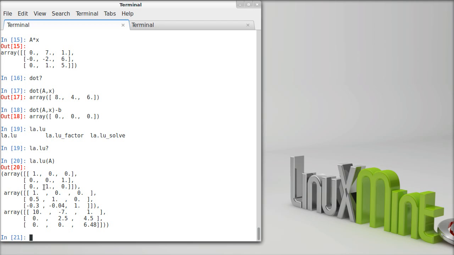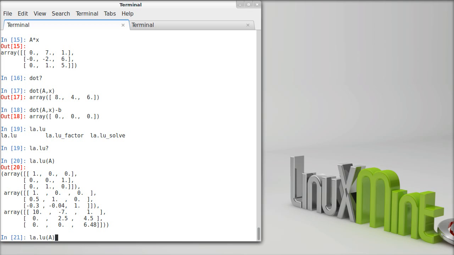The first row doesn't change, and these two get swapped. Here's L. L is a lower triangular matrix, so there are zeros up here, with ones along the diagonal, and non-negligible or interesting values below that. And then U is an upper triangular matrix. Zeros down here, the values up here.